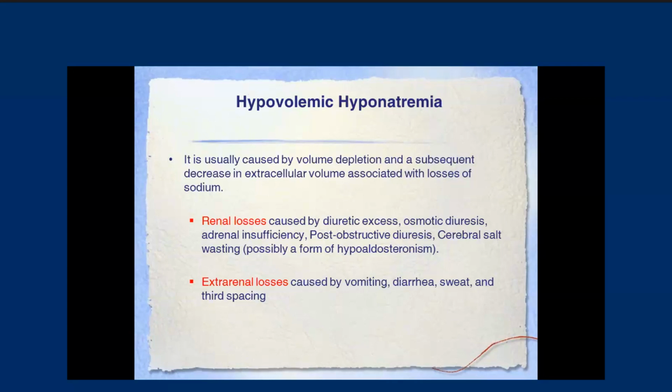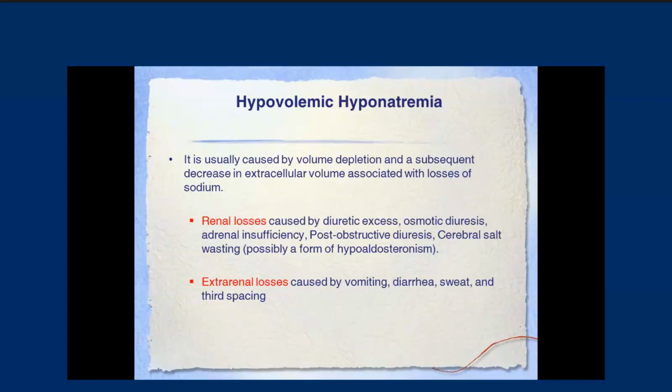The other is adrenal insufficiency. In adrenal insufficiency, there will be a decrement in aldosterone level. So hypoaldosteronemia will result in renal sodium loss due to the loss of sodium reabsorption, which is due to the hypoaldosteronism.